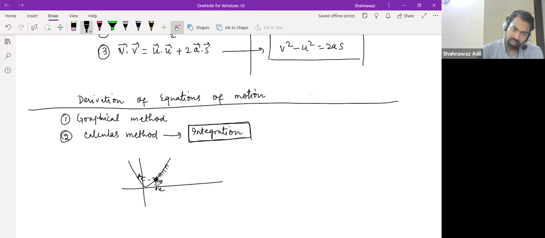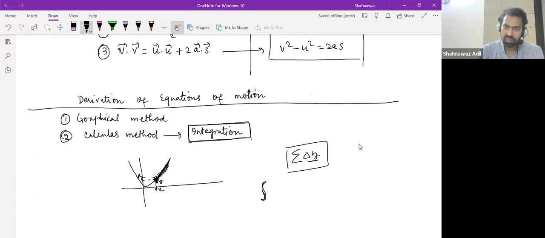When we sum all these values, this is called integration. We have a very small change in y, and then we just sum all of these. So how do we write it? We write it as this. This is what we call integration, when we sum up all these smaller changes, and it is denoted by this sign.